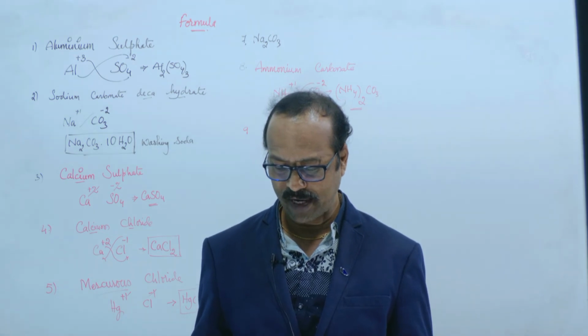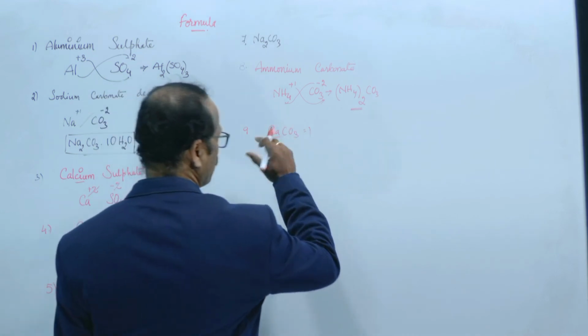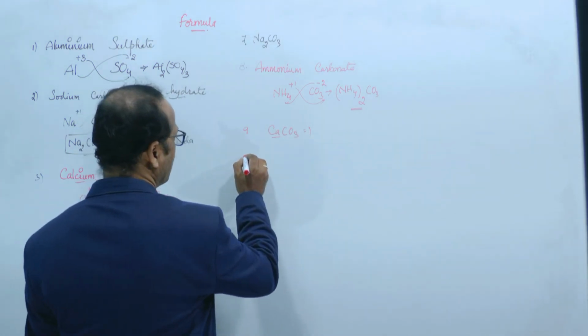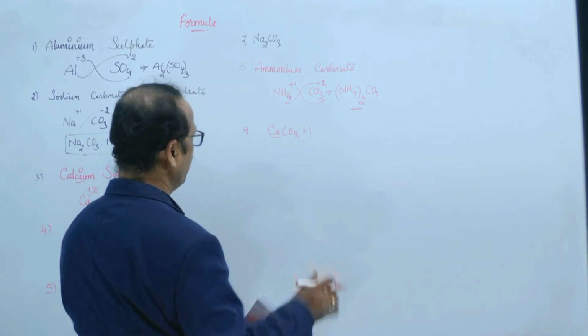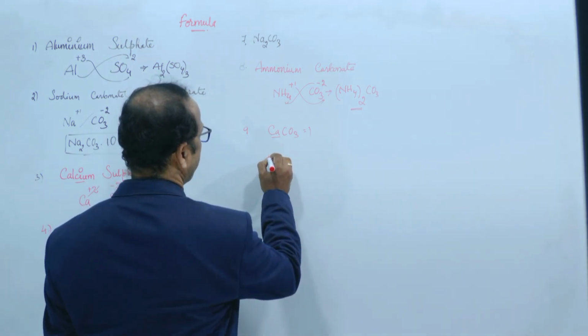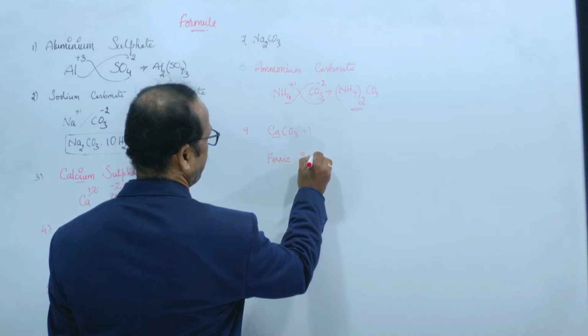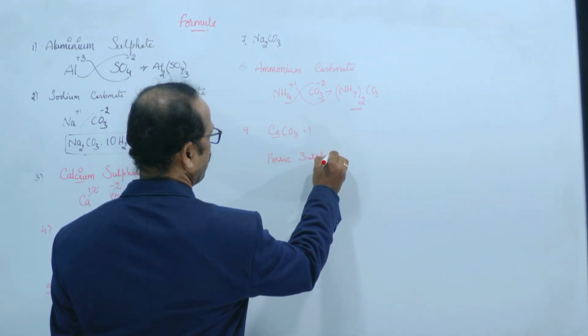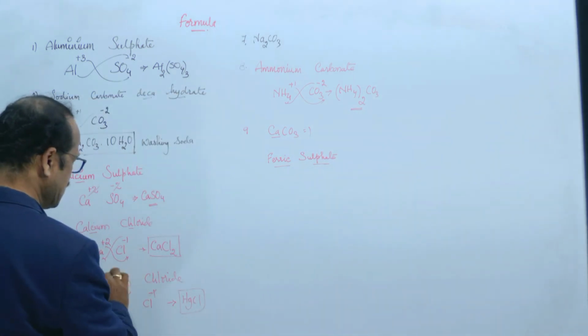Now fifth one, you see here, the chemical formula of calcium sulfate is CaSO4. The formula of ferric sulfate is, okay, the formula of calcium sulfate is given, CaSO4, we don't want that. They are asking to find the right formula of what? Ferric sulfate. So students, already we discussed here -ous and -ic.